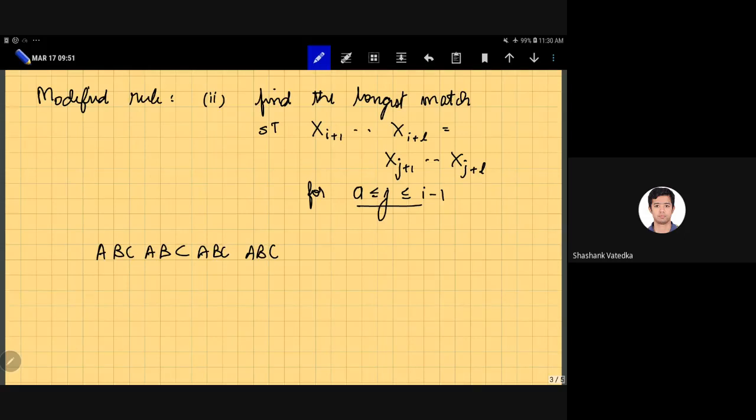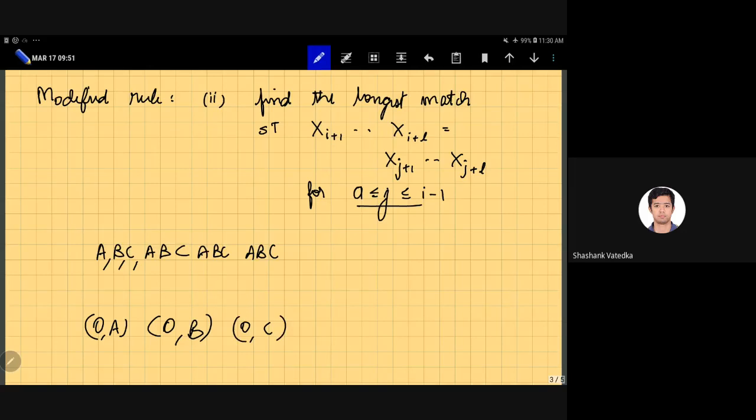Sure, it's just A. It would be encoded as 0, comma A. What would the second phrase be? Just B, so you would encode this as 0, comma B. What would the third phrase be? C, so this would be encoded as 0, comma C.